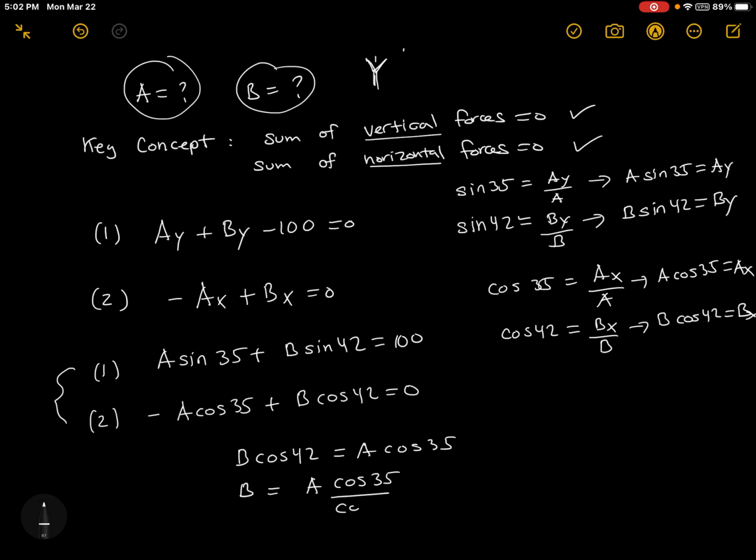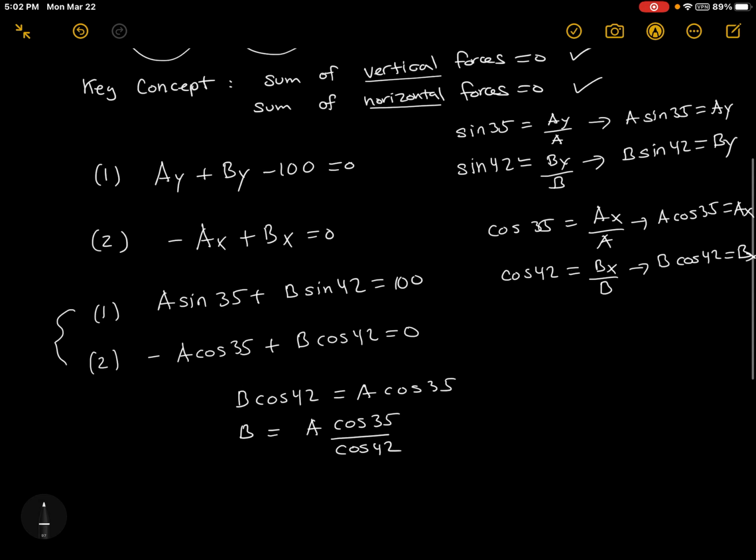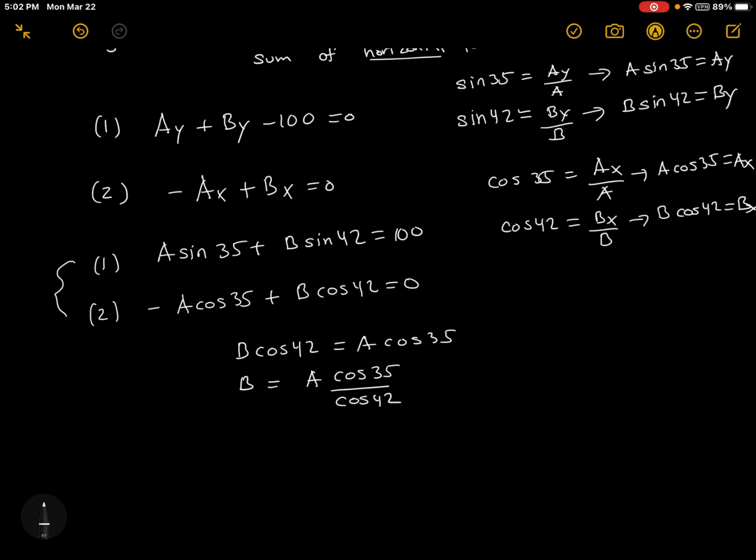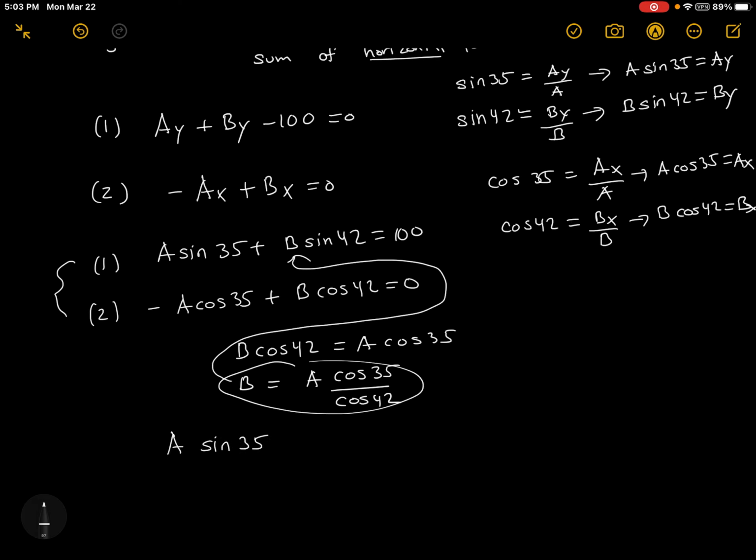And in order for me to do a substitution, I'm going to take this equation right here and substitute into equation number 1. So you have A sine 35 plus A cosine of 35 over cosine of 42 times sine of 42 is equal to 100.